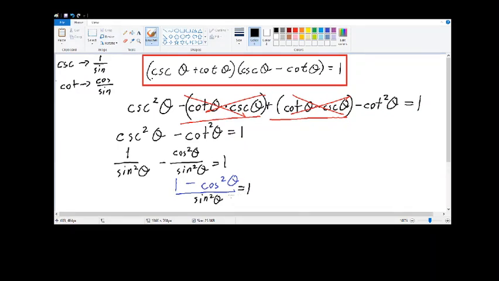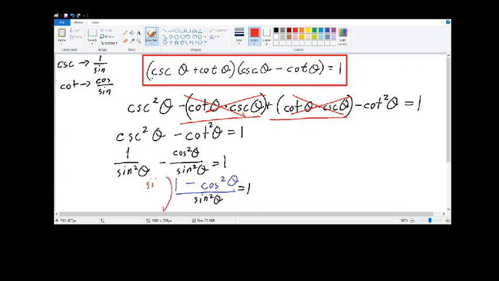Now in this case, I'm not particularly fond of fractions, as I'm sure you guys aren't as well. So I'm going to take this function over here, and let's get rid of this fraction. And one of the ways that we get rid of fractions is by multiplying them out.